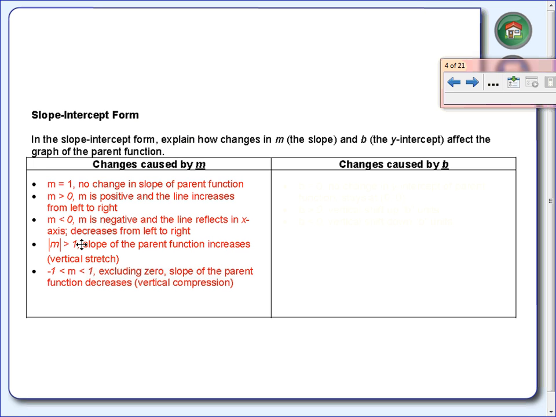The first one says if m is equal to 1. In other words, if your slope is 1, there is no change in the slope of your parent function. No change. In other words, it's going to stay exactly the same.